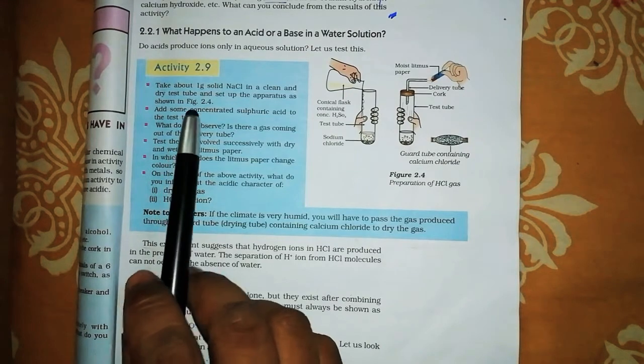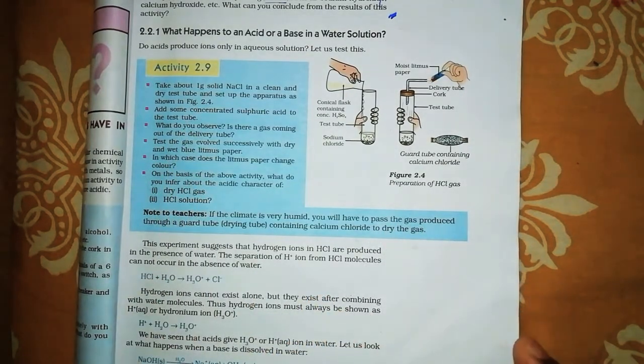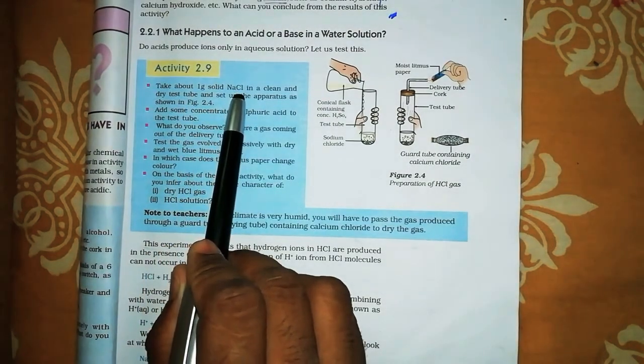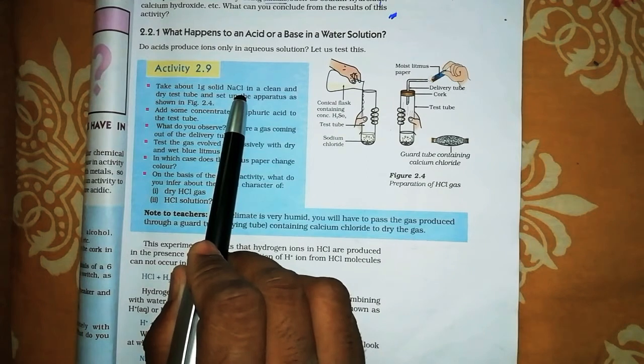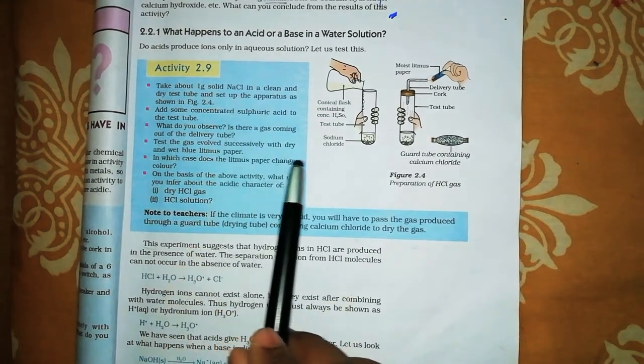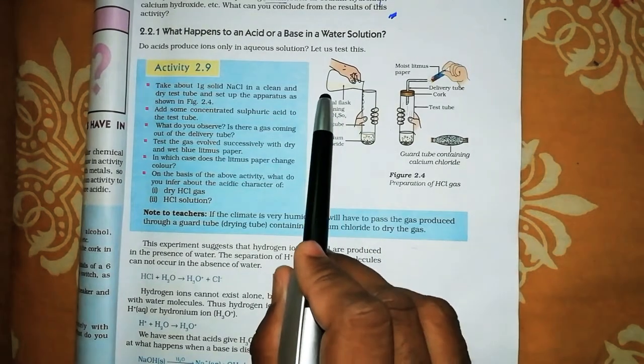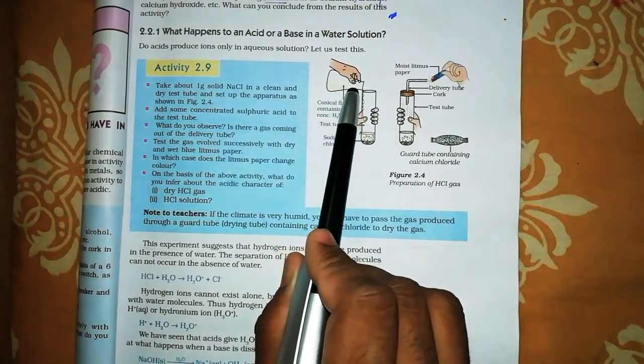I just want to summarize what is actually given in this activity. You should take 1 gram of sodium chloride, the common salt you have in your home, in a test tube, and you should add concentrated sulfuric acid.